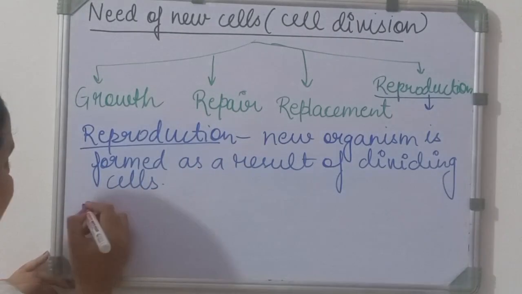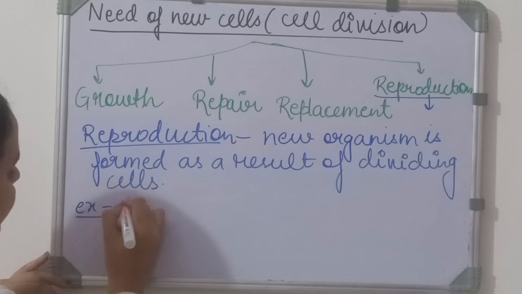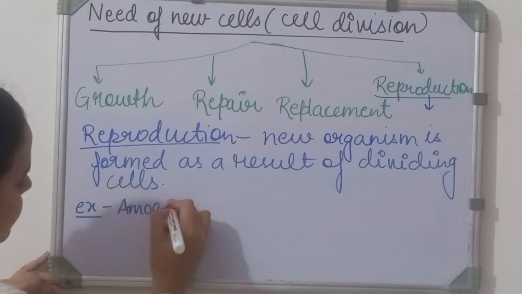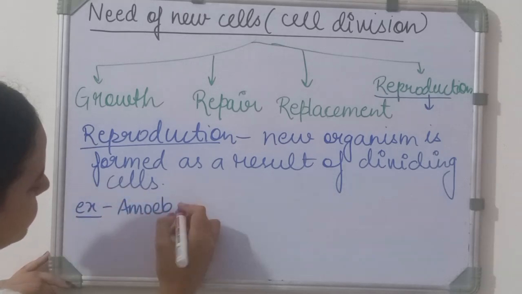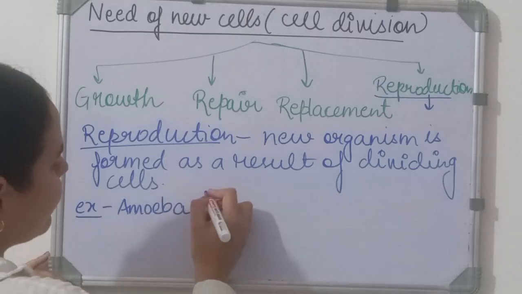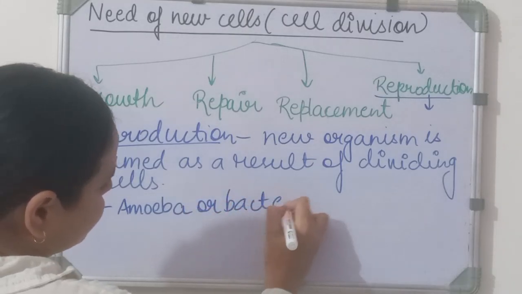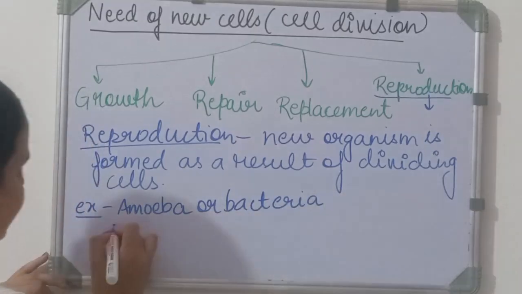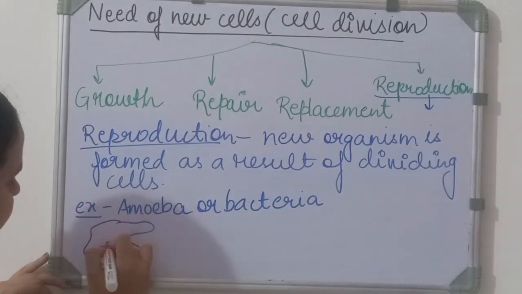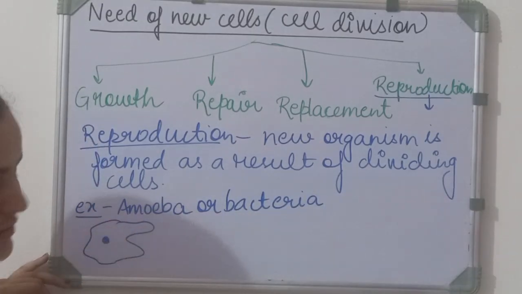Let's see the first example, amoeba, or you may observe it in bacteria also. So this is an amoeba. This is its nucleus.